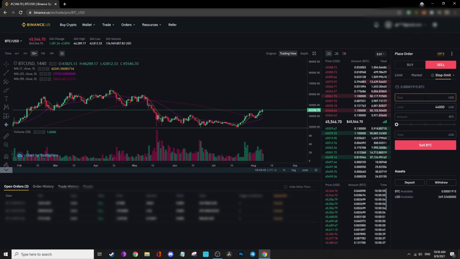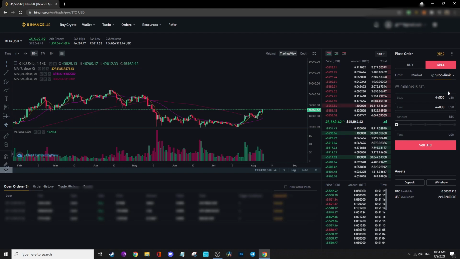And then you can put in your stop order at, let's say, around 44,500. And what this is going to do is it's going to wait till Bitcoin falls into this price range. So once Bitcoin hits 44,500, it's going to activate this limit order at 44,000. So your order is going to fulfill somewhere between 44,500 and 44,000, and you can exit the trade.